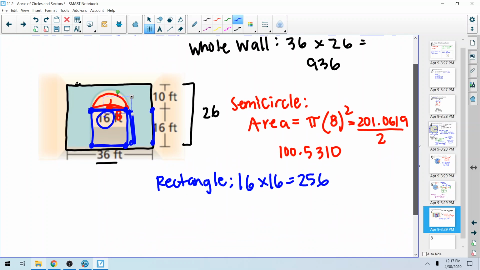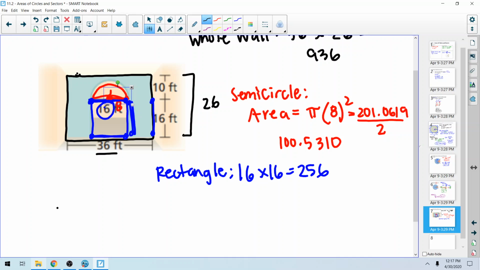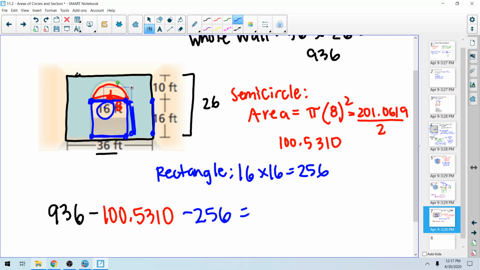So at this point, I'm going to take my whole wall, which is 936. I'm going to subtract my 100.5310. I'm going to subtract my 256 because I don't want to paint the door. And that should be what we need to paint.